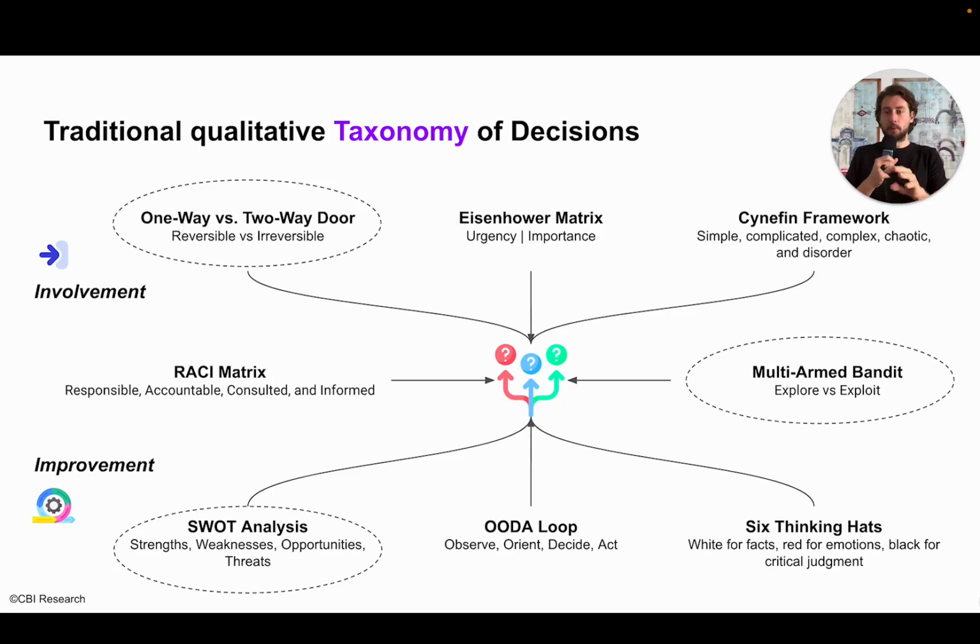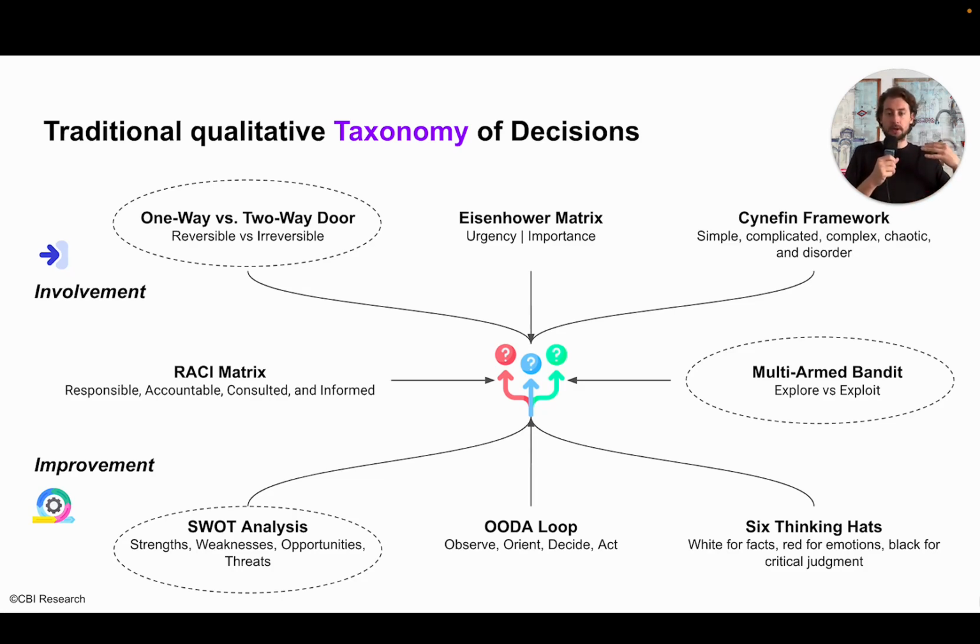To give you an example, the one-way, two-way door policy essentially consists in identifying when a decision is reversible. I call it first order decisions. It's a decision that can pretty quickly be reversed if you decide to go back and take a different path. And what are the decisions that are irreversible? Once you commit to that, there is essentially no way back.